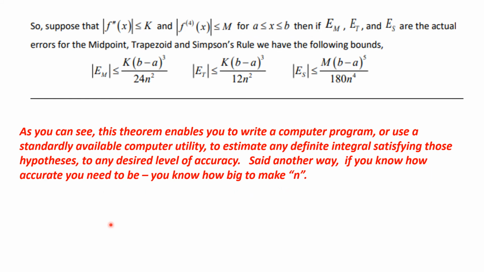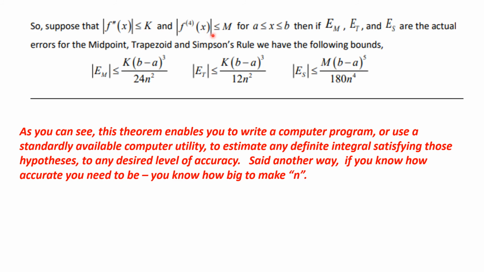And in fact, there is an important theorem that is beyond the scope of this course, but you should know that this exists because you can use it. So suppose the second derivative is bounded above by a number k, and the fourth derivative is also bounded above by a number m, and this is the absolute value of those derivatives.